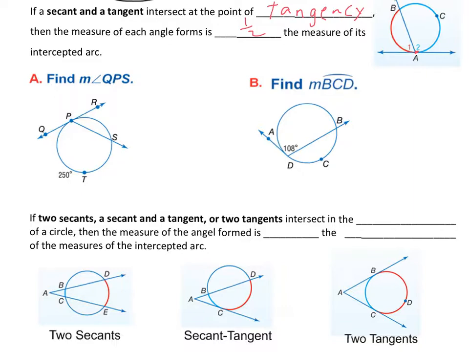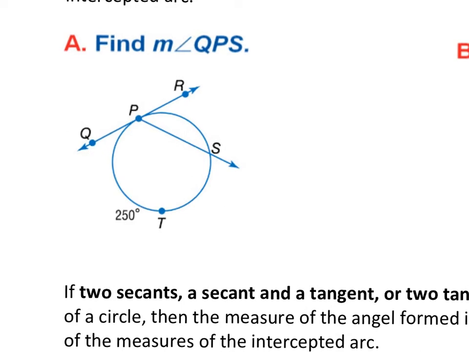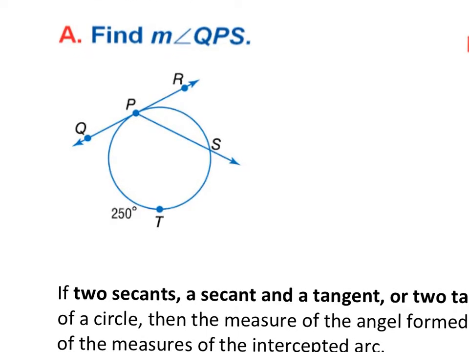So looking at finding A here, they intersect on the circle, so the measure of this angle, QPS, is equal to 1/2 the intercepted arc. Well, the intercepted arc is this arc right here.